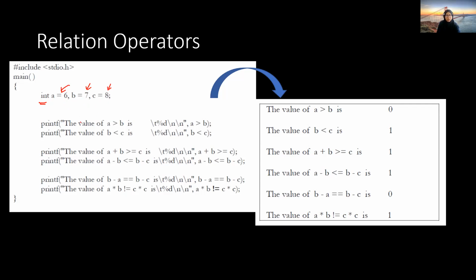Okay, now let's look at how it is printed. The value of A bigger than B is this one, \t. \t, if you look at your keyboard, is the same thing as pressing the tab key. So this is like a tab.